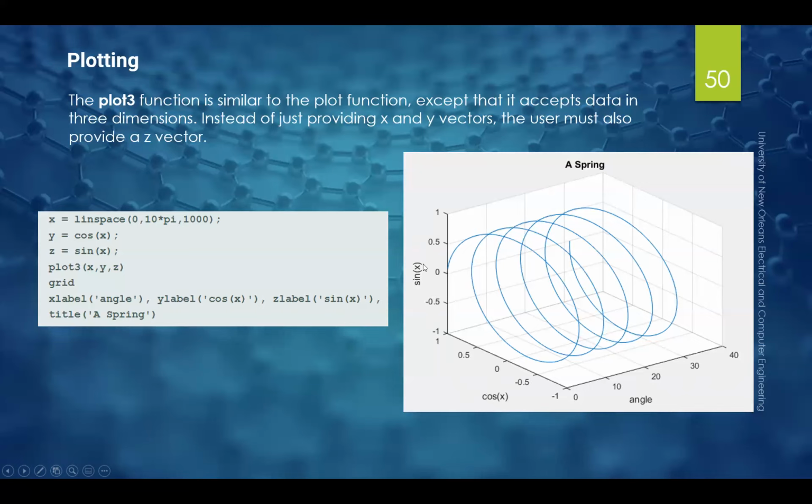And the title, just "spring", because it simulates a spring, if you will. And again, this plot3 command takes on the values of x, the values of y, and the values of z to generate this function.